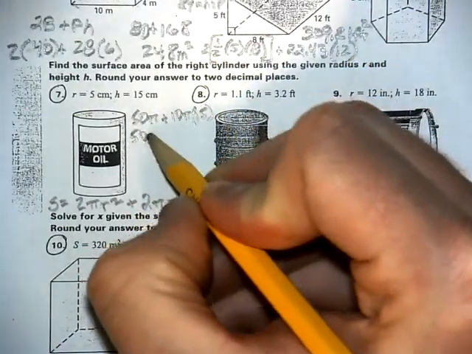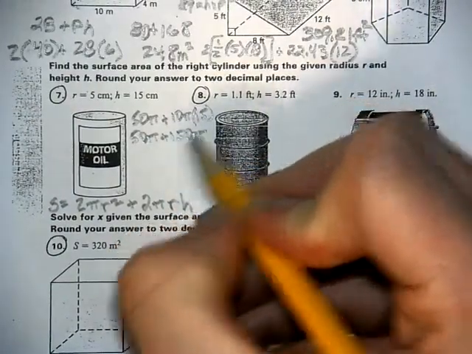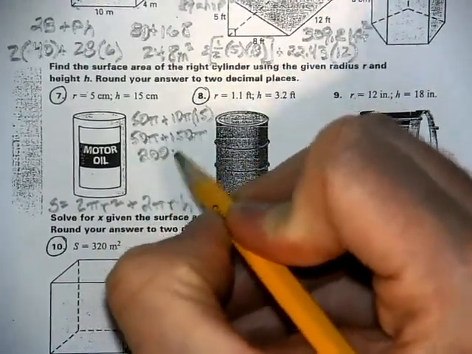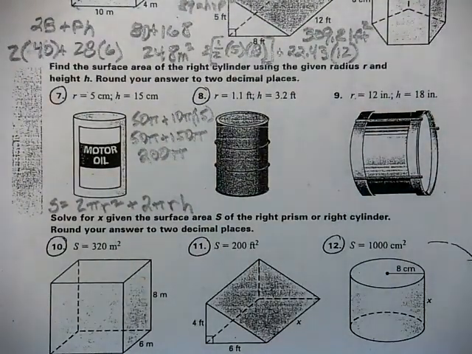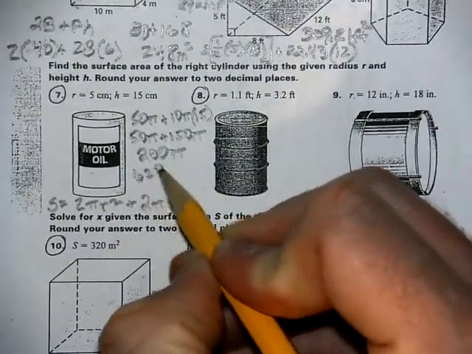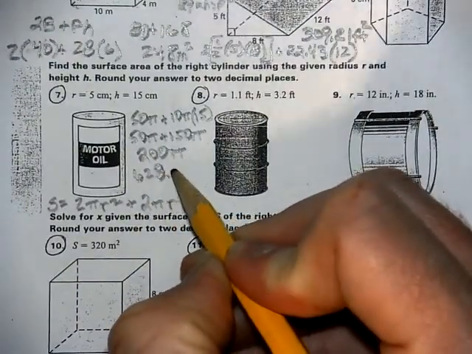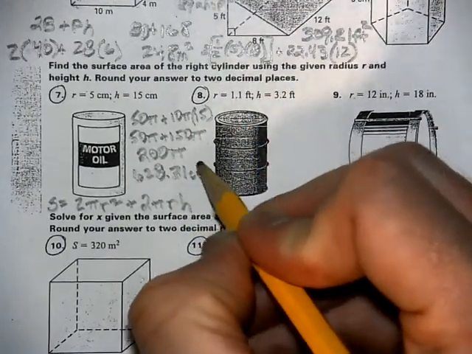So that's 50 pi plus 150 pi. That leaves us with 200 pi as our surface area. So 200 times the pi, which is 3.14, gives us 628.31 centimeters squared.